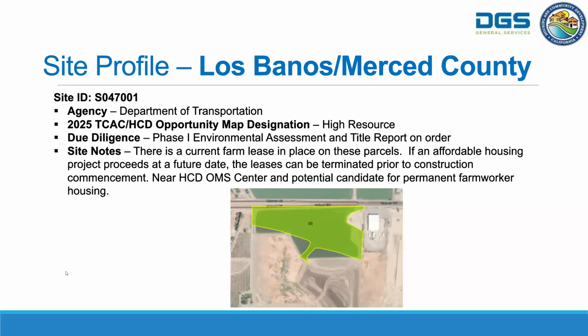So this could be a potential candidate as intended by AB 2240 for permanent farm worker housing. Just wanted to flag that potential connection to providing permanent farm worker housing there in Los Baños. Next slide, please.